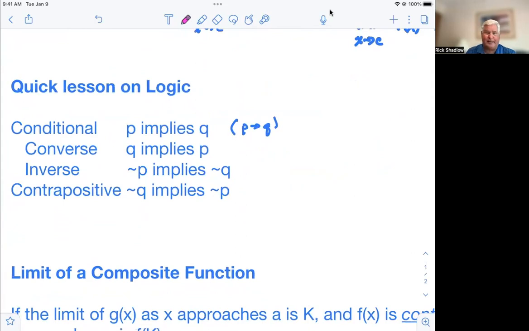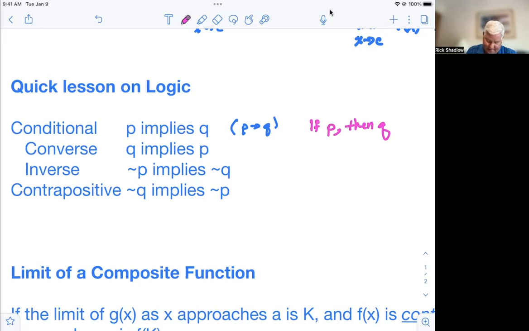I want to do a quick extra here on logic. You did these in geometry, I would think, for sure. P implies Q is called a conditional. It's typically an if-then statement: if P, then Q follows.